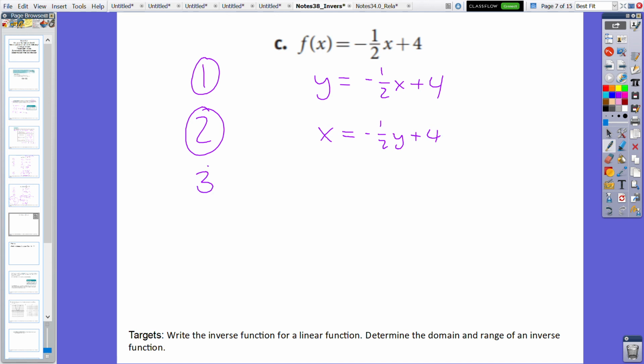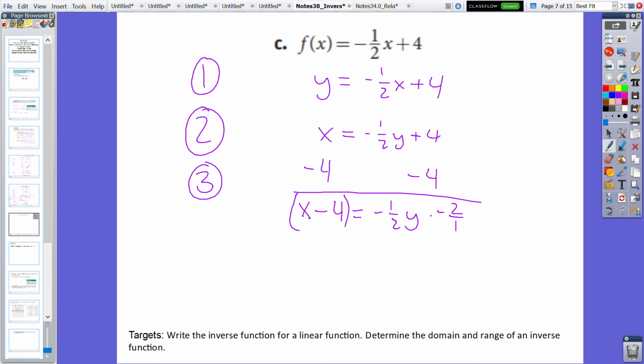And then step 3 is solve for y. So I'm going to start by subtracting 4 from both sides. That's going to give me x minus 4 is equal to negative 1/2 y. And then if I divide everything by negative 1/2, or if I multiply by negative 2/1, which is the reciprocal, here's what happens.